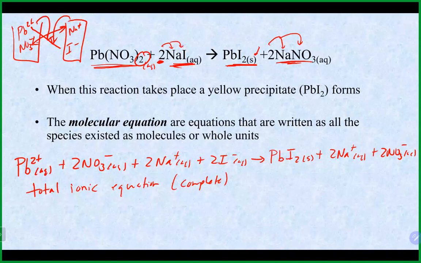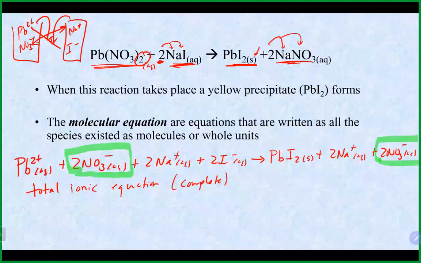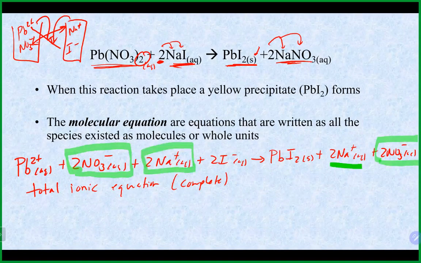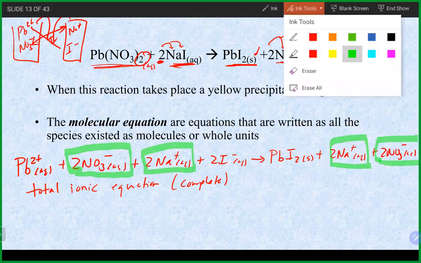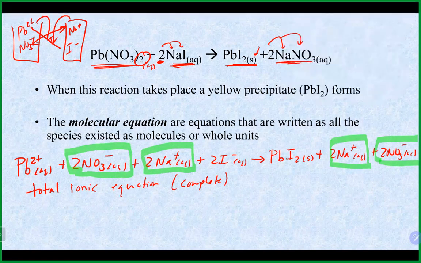For example, if I look to the left, I have 2 nitrates, and if I look to the right, I have 2 nitrates. On the left I have a couple of sodiums, and on the right I have a couple of sodiums, looking exactly the same on both sides. These ions that look the same on both sides will cancel each other out. These are what are referred to as spectator ions.